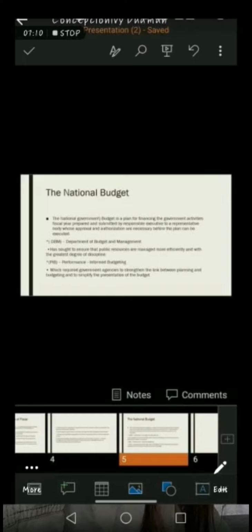PIB, performance-informed budgeting, which requires government agencies to strengthen the link between planning and budgeting and to simplify the presentation of the budget. With the adoption of PIB, the budgeting scheme of government is changing the face of the budget.